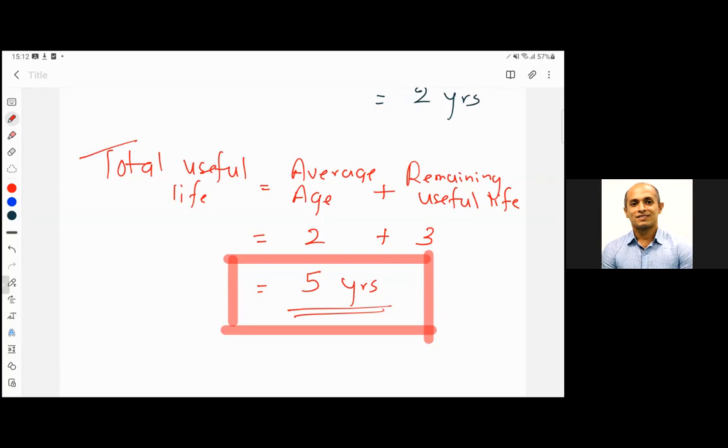If this calculation is close to the useful life mentioned in the accounting policy, then you can make sure the company has adequately depreciated its property, plant and equipment.